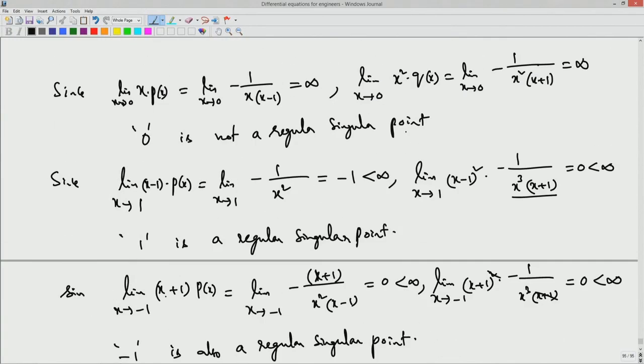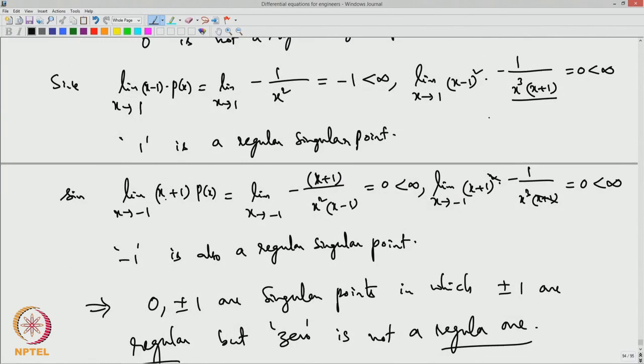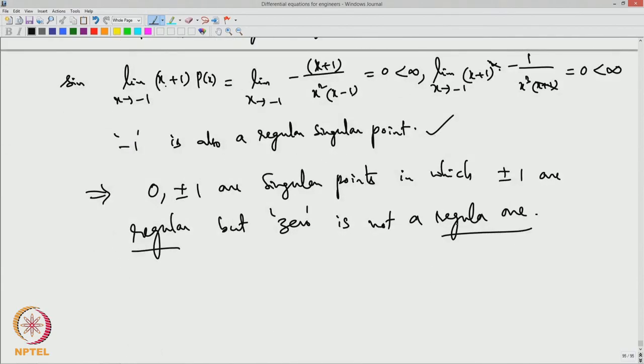That is what you have seen: 1 is a regular singular point, minus 1 is also a regular singular point. Like this you can classify certain equations.